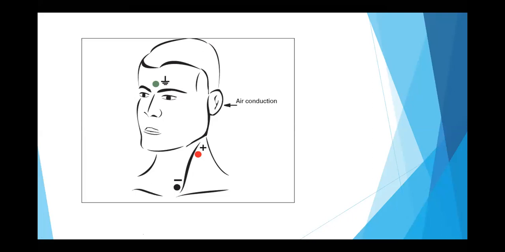So in this, we are keeping the reference electrode on the sternum, in the center of your sternum, and then we keep our non-inverting or active electrode, or plus electrode, on the belly of the sternocleidomastoid muscle.